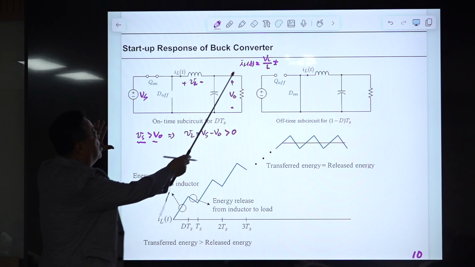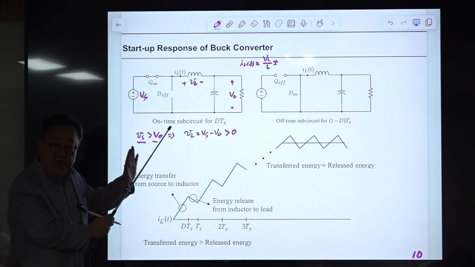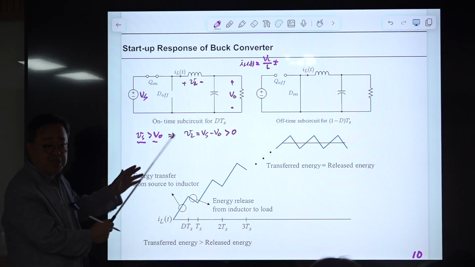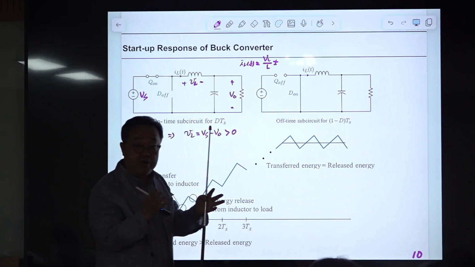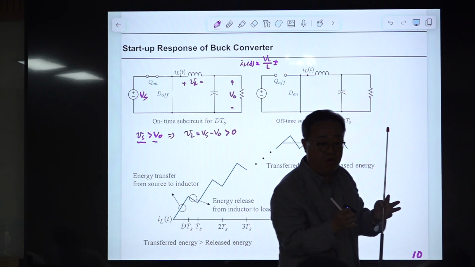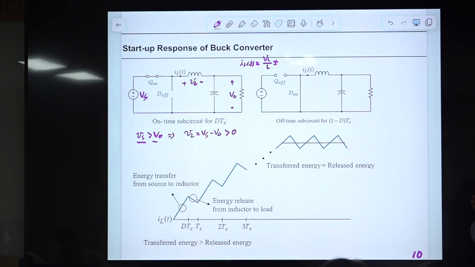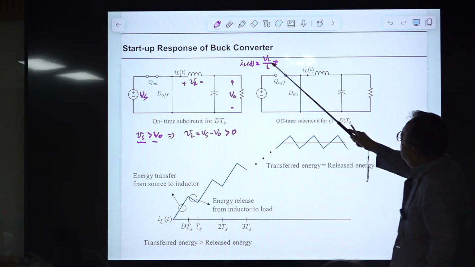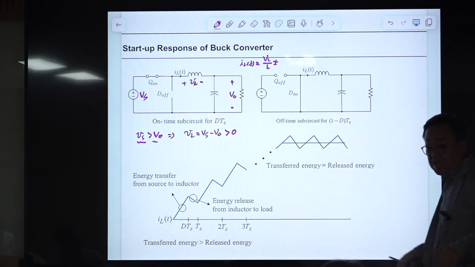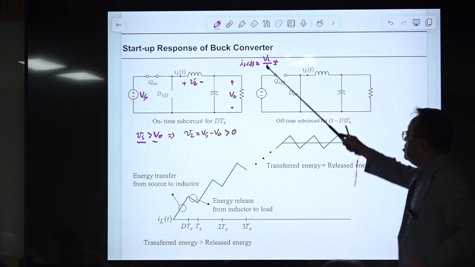Always we are exciting this inductor with a DC voltage source. Always a DC voltage is connected to the inductor. According to your knowledge from the sophomore network course, an inductor behaves as a short circuit in DC. So maybe you may wonder what happened to the circuit. Circuit is shorted, we are in trouble. Not at all. That is not the case. There is a DC voltage across the inductor, so the inductor current simply increases linearly with this slope.